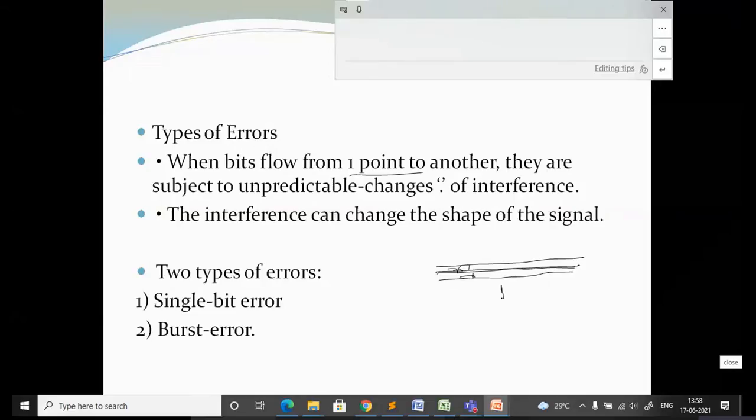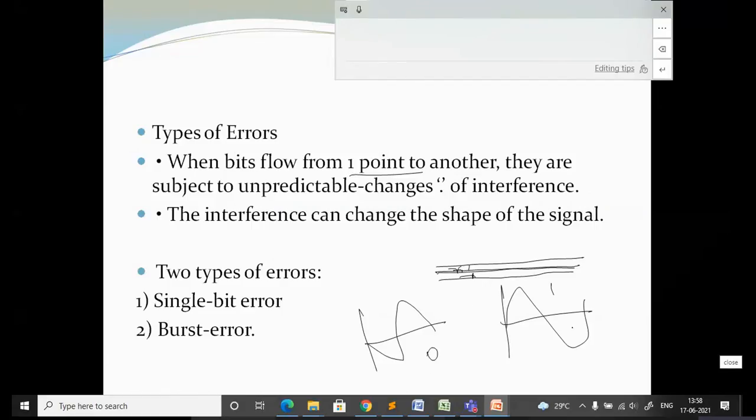Instead of like this, if it is changed to something like this, what is the meaning of this? Maybe this is for representing 1 and this is for 0. It is changing the meaning of the data itself. We have discussed what type of signal, how it is done, in the previous chapters.